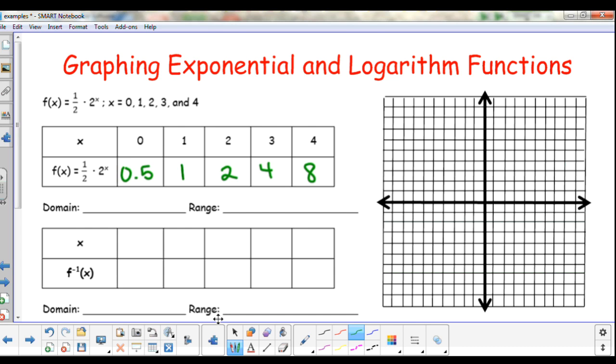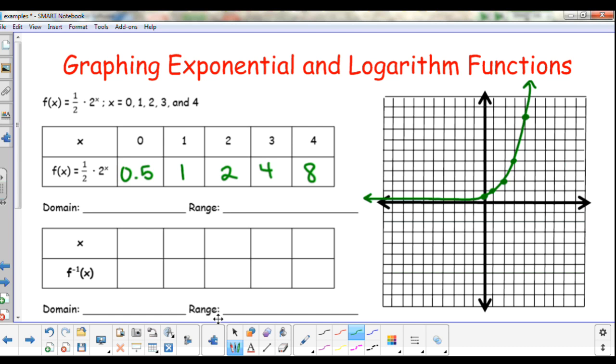So now I'm going to plot these values onto our graph. Now that I have those points plotted, I'm going to connect my points and make my graph look like I have on my calculator screen.